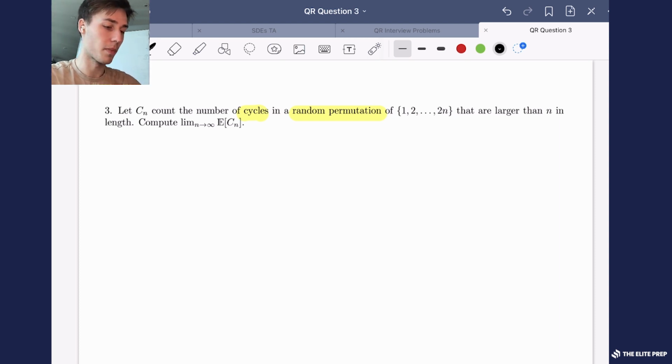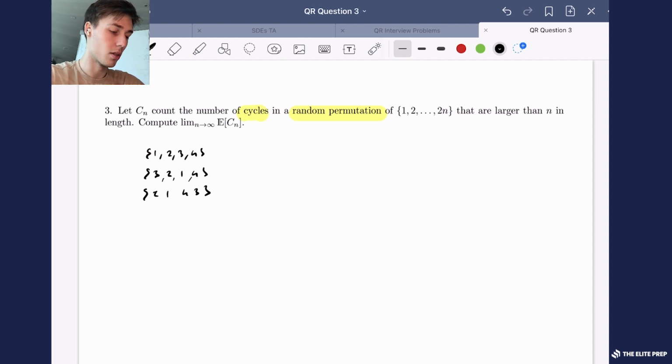For example, if we take the case n equals 2, so that we have 4 elements in total, then one permutation could be 1, 2, 3, 4, where they're all in consecutive order. Another example could be 3, 2, 1, 4. And another example could be 2, 1, 4, 3.